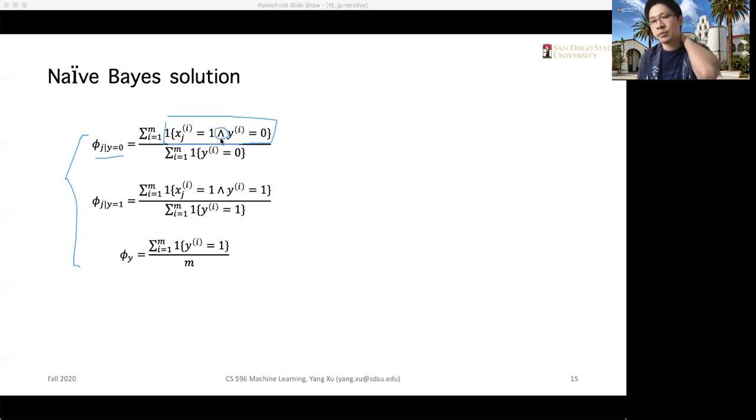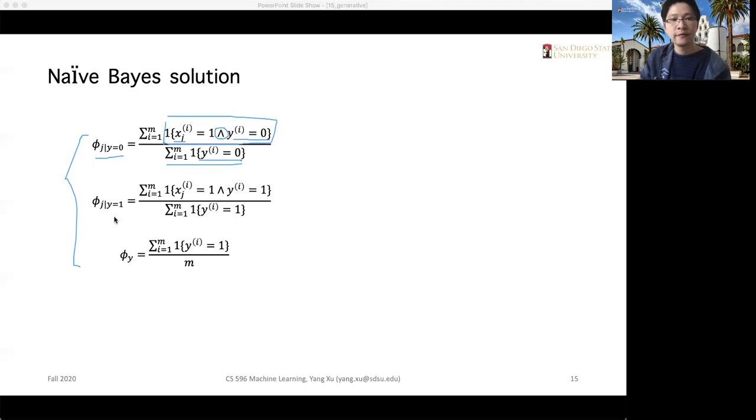This logical operator means "and". So it simply counts how many times that word, xj, appears within the non-spam mail class, divided by the total number of non-spam mails.